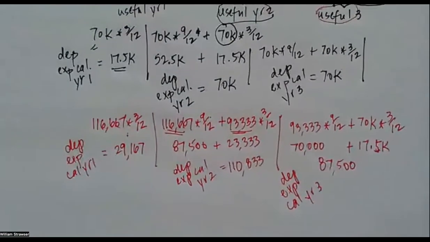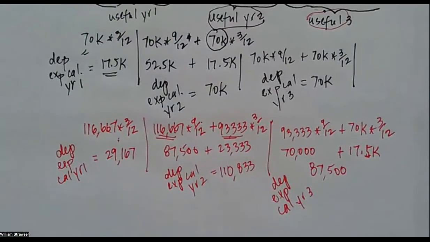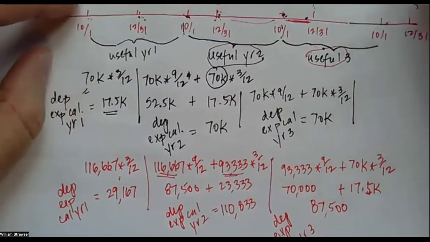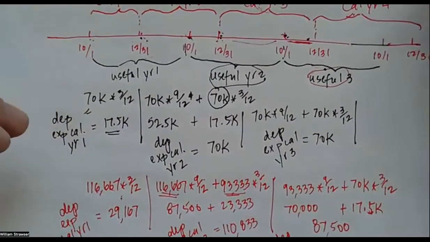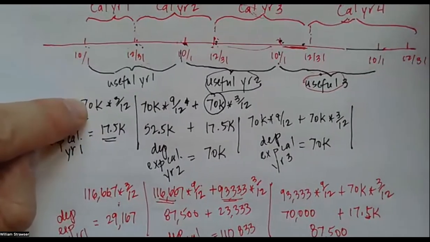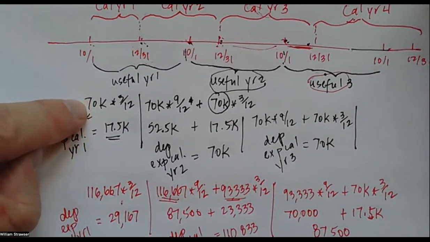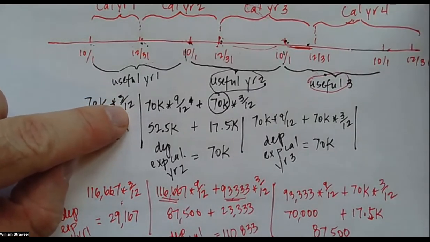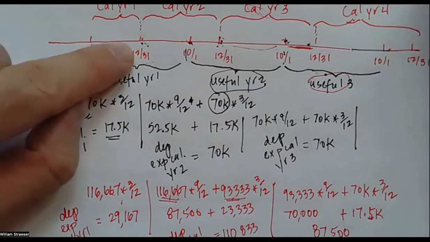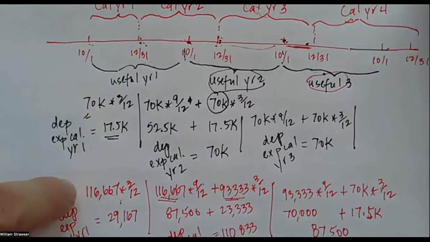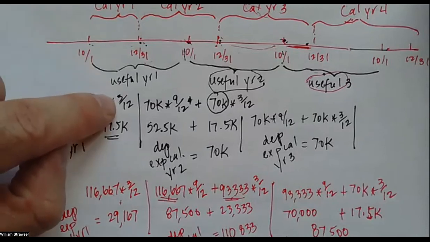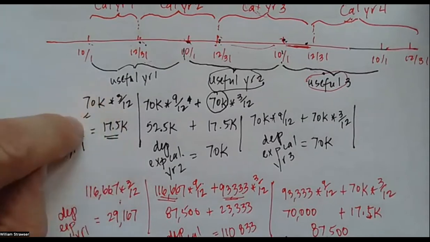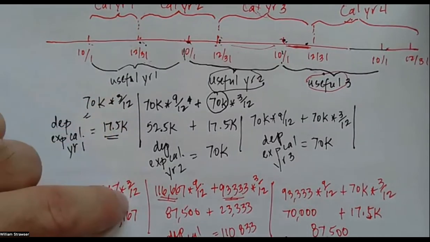So that's the partial method, and it's partial because it's just assigning a portion of each useful year's depreciation estimate to a calendar year based on how long it has. So for the first 3 months, it's the first useful year's estimate times 3/12 because we bought it in October. We only recognize 3 months of that first year's estimate.